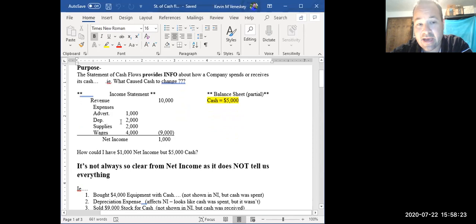We can see where cash could possibly be spent and where it's probably coming in the most. But there are some things on the income statement where cash is never spent, and depreciation is one of them. You never have a depreciation expense and then a credit to cash when you're doing your annual depreciating of the equipment.